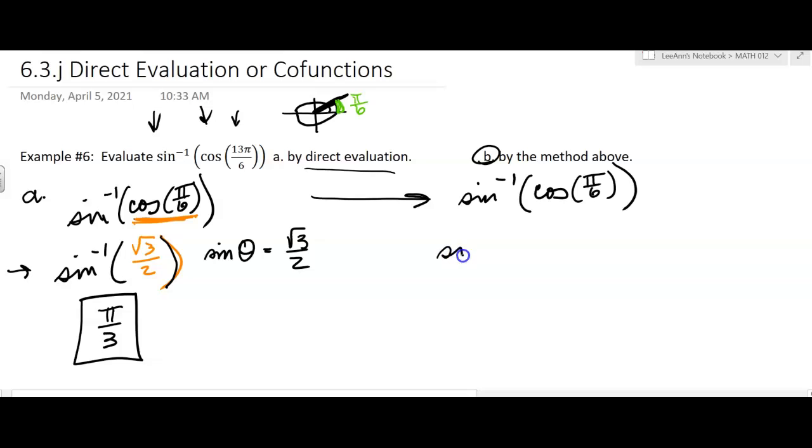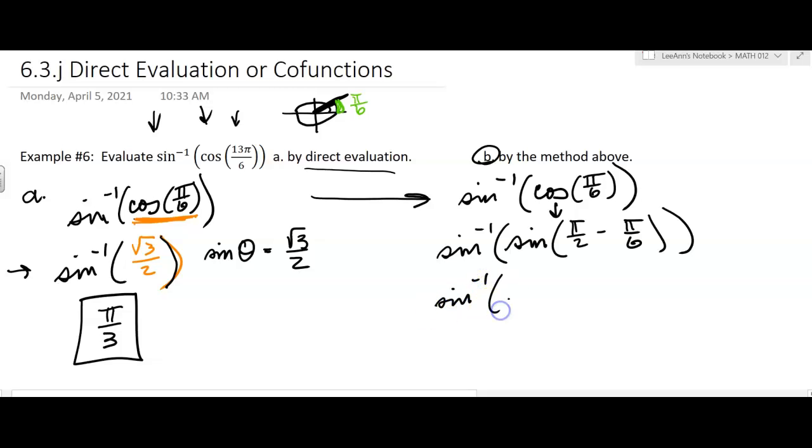So then this would be sine inverse, sine, and it's going to be pi over 2 minus pi over 6 because of the cofunction idea, okay? So I have to take pi over 2 and subtract pi over 6. Okay, so get a common denominator, and I think we're going to get pi over 3.